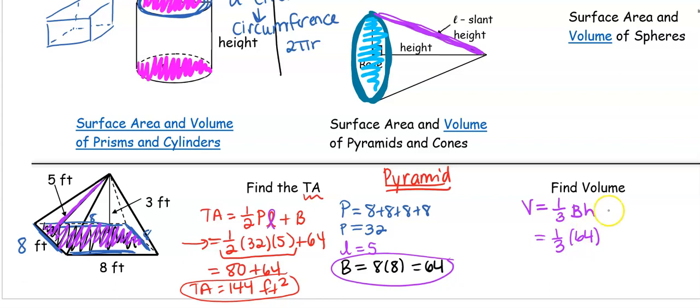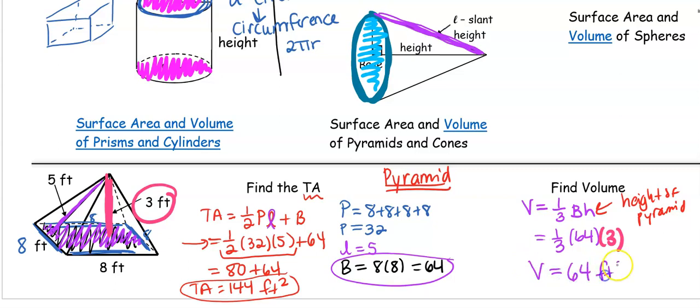Now this H is the height of the pyramid. So the height from the base to the top, that is this height right here. Not the height of the triangular face, but the height of the actual pyramid, which is going to be 3. So 1/3 times 64 times 3 leaves us with a total volume of 64 feet cubed.